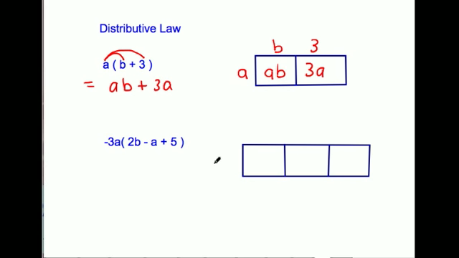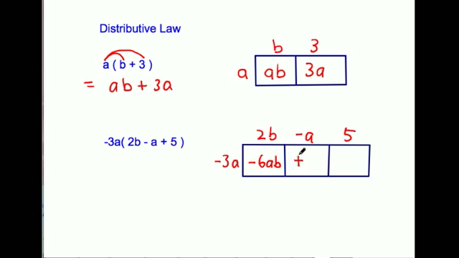We look at another example. Here we have a rectangle of side negative 3a, and the other side consists of 2b and negative a and 5. Working out the individual area, we have negative 6ab.